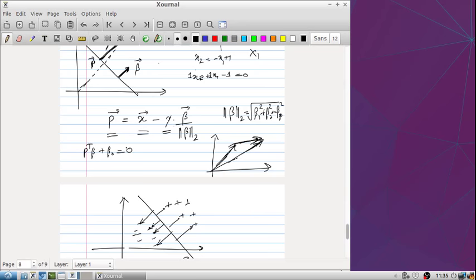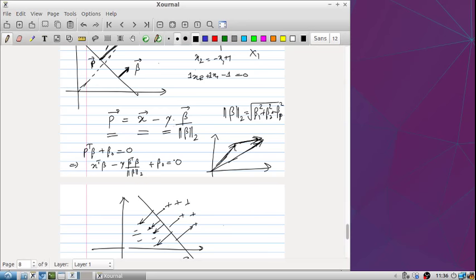So what I'll do is substitute what I know. I know P in terms of the point I care about and the distance in that equation. So it'll give me x transpose beta minus gamma times beta transpose beta, divided by norm beta, plus beta naught is equal to 0.